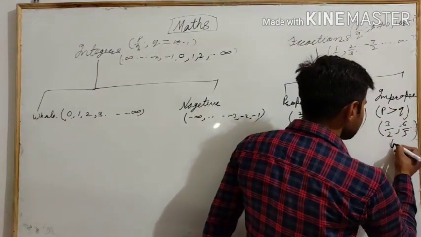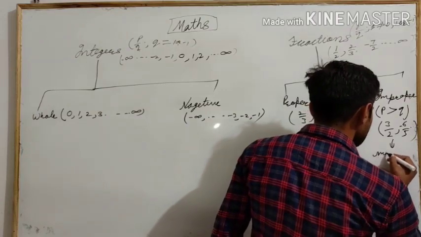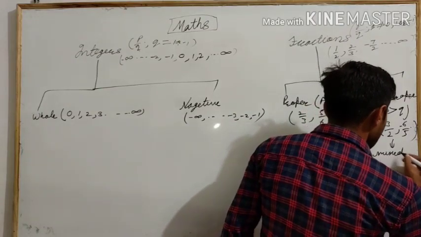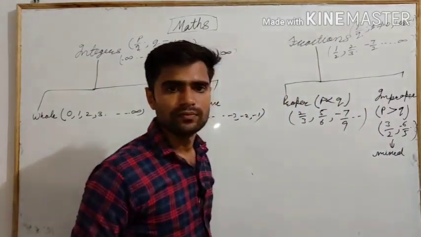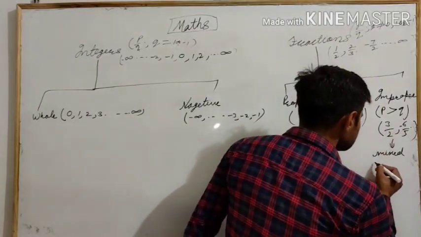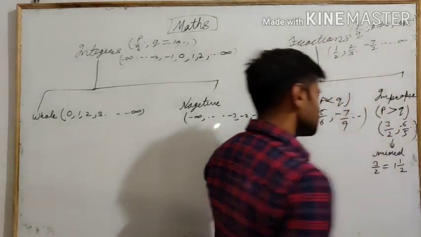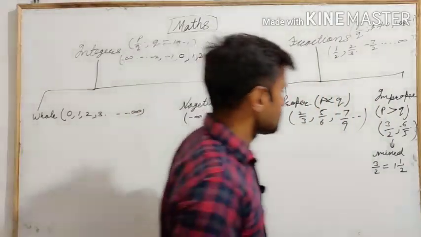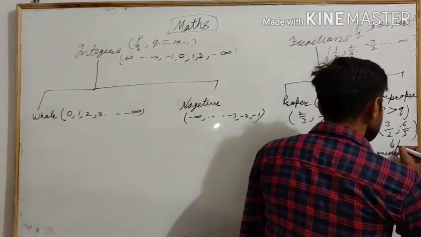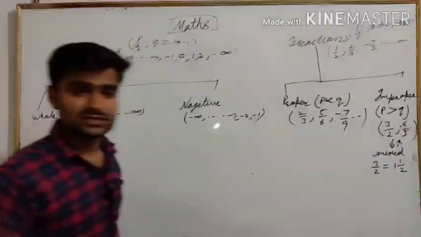Improper fractions can be changed into mixed fraction form. How? Just like 3 upon 2 can be changed into 1 by 2. And a mixed fraction can also be changed into improper fraction form.